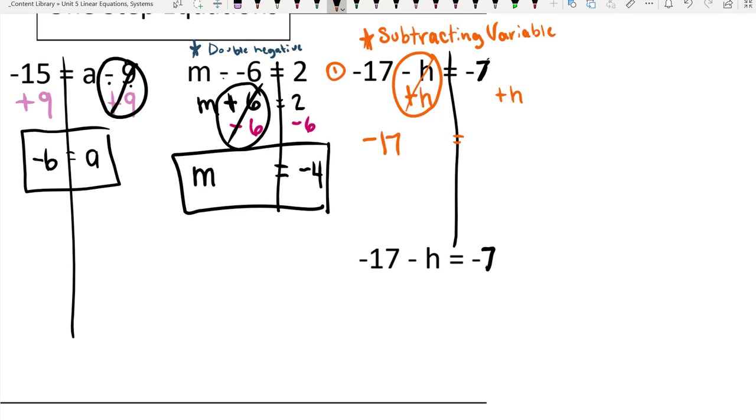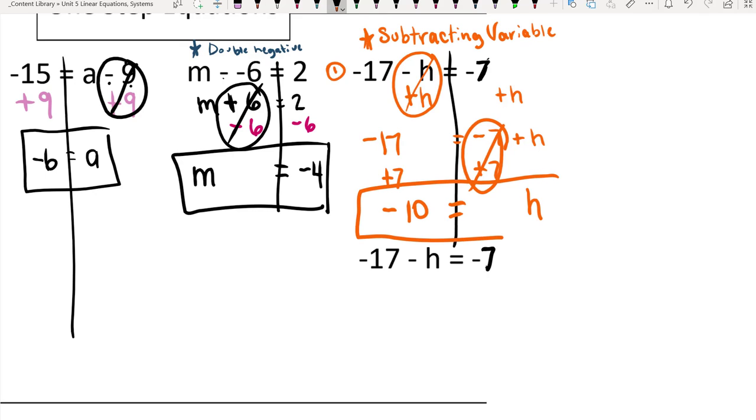That's why I put h kind of over here in its own lane. So I have negative 7 plus a positive h. Now from there, you still got to get rid of this number that's with the variable. So you could add 7 to both sides. This gets eliminated. I'm left with h, the variable, is equal to negative 10. So that's one way to do it.